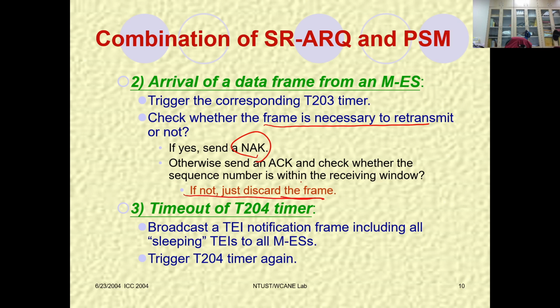And upon timeout of the T203 timer, we need to broadcast a TEI notification frame, which includes all sleeping TEIs, to all mobile equipment systems. Then we can trigger the T204 timer again.